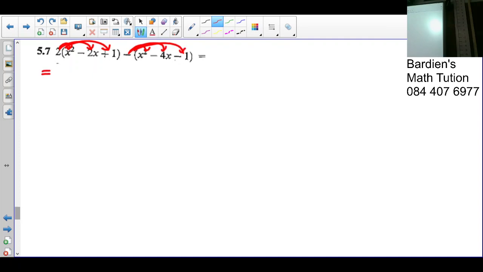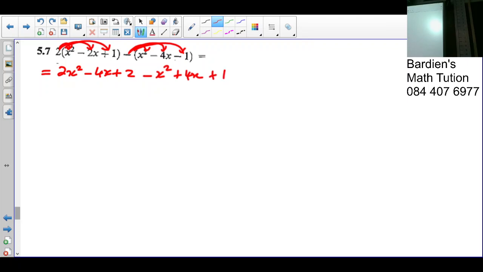So what do we get? 2x squared minus 4x plus, do you agree with that? Minus x squared, negative times negative, positive 4x, positive 4.